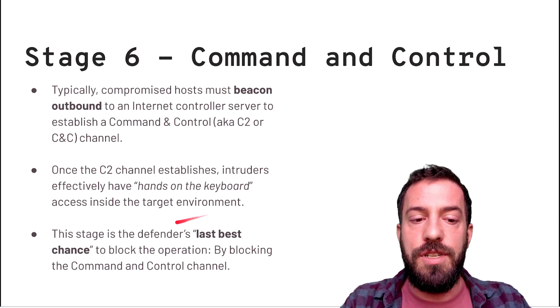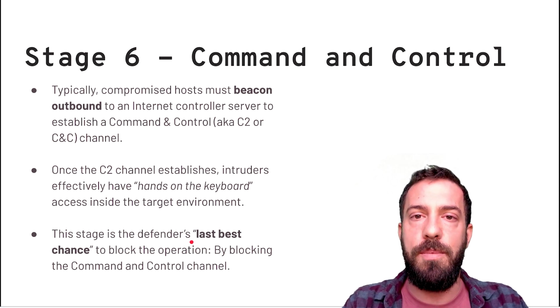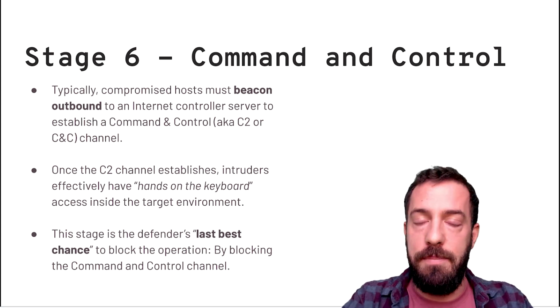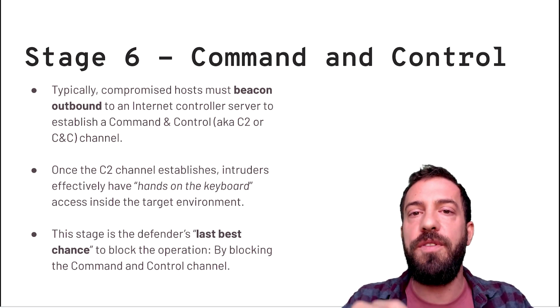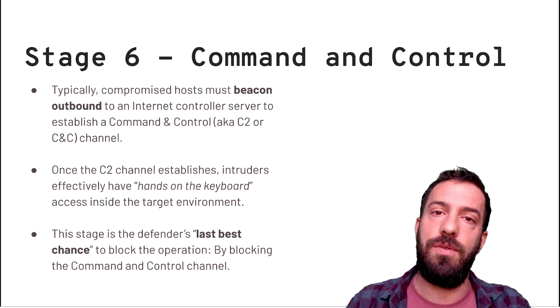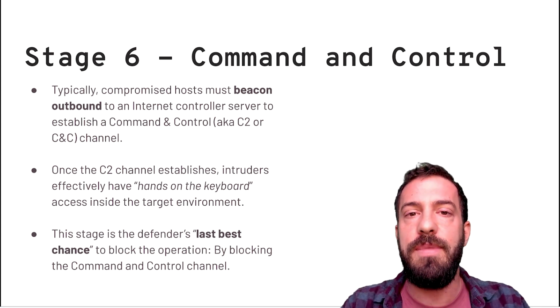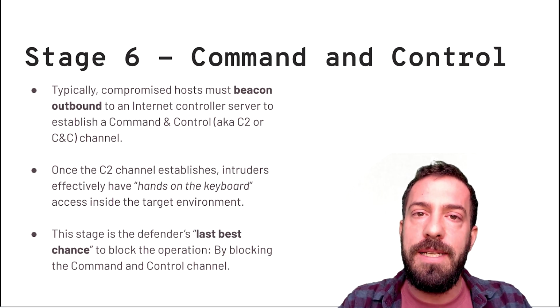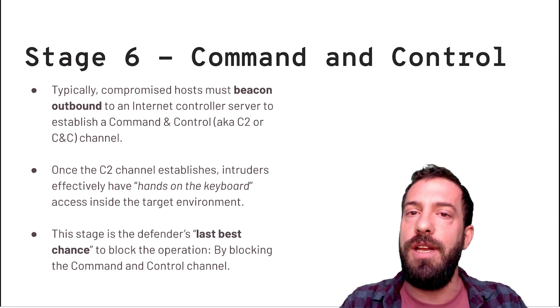So the command and control center, in a way, is the defender's last best chance to block the operation, because the system may have entered, the malware may have entered and hopped from computer to computer and arrived to the machine that, for example, is controlling the PLC, but it doesn't know exactly what to do because that PLC has a very unique configuration.